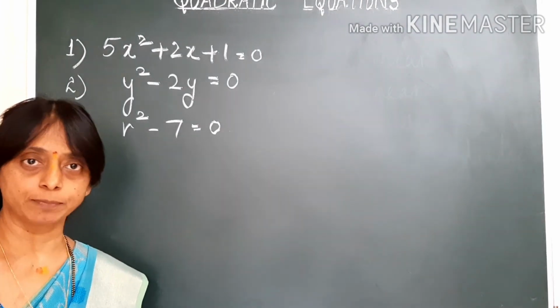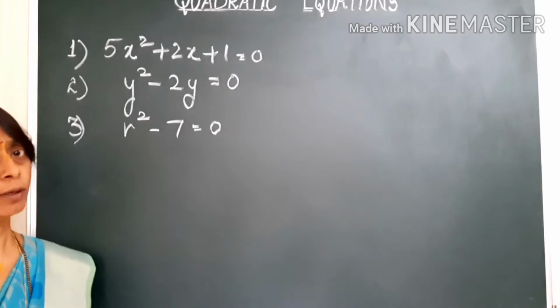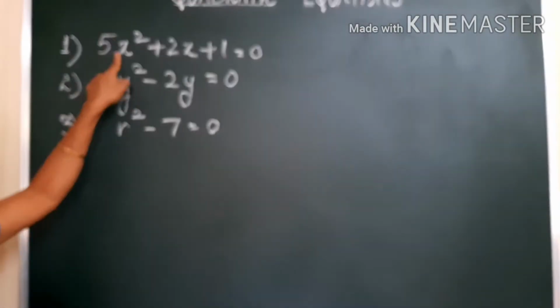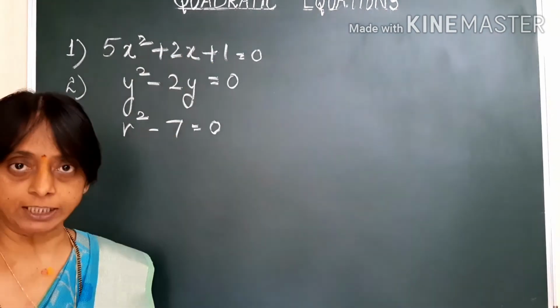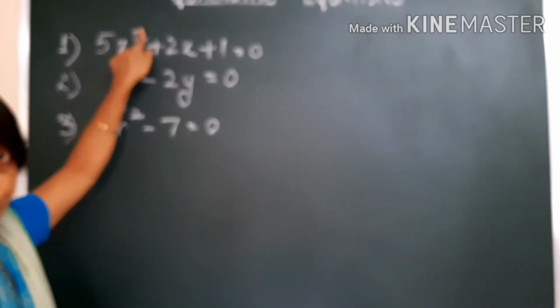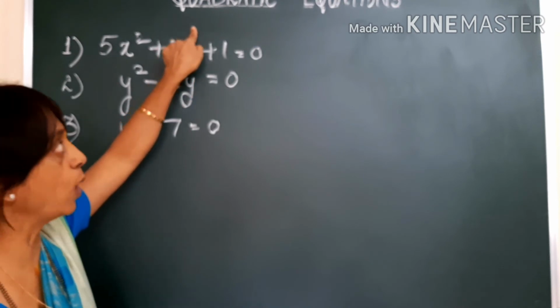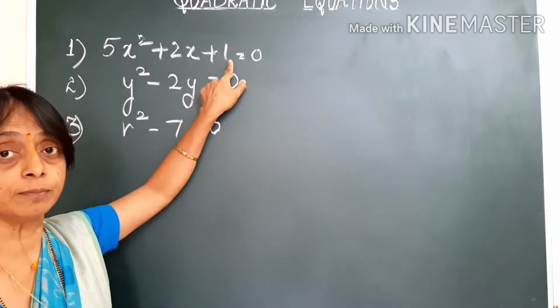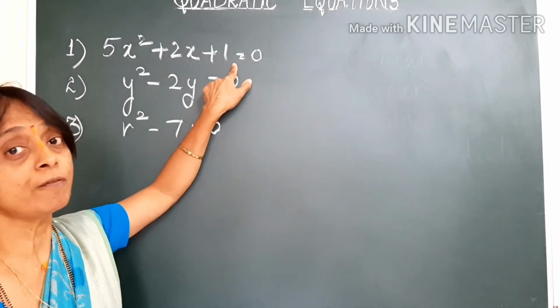All these examples are examples of quadratic equations. Now look at the terms, children. Look at the first one. All three terms are arranged in the descending power of the variable. The first term contains x raised to 2. The second term contains x raised to 1. And what about the third term? The third term contains x to the power of 0.